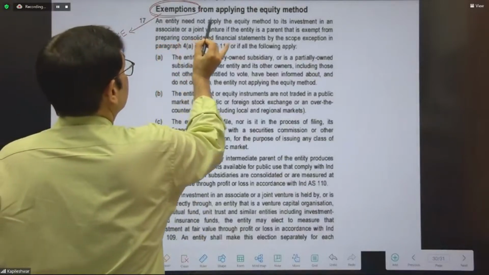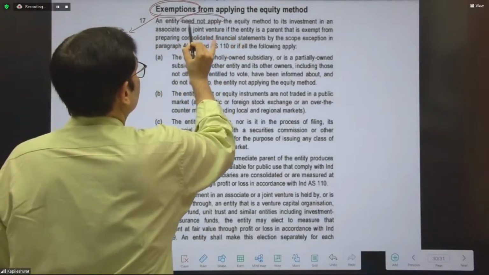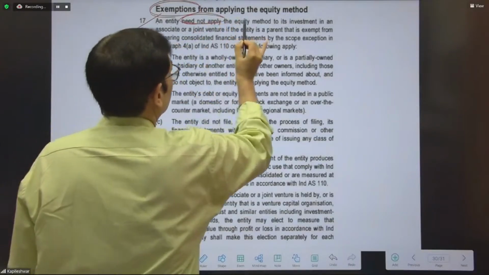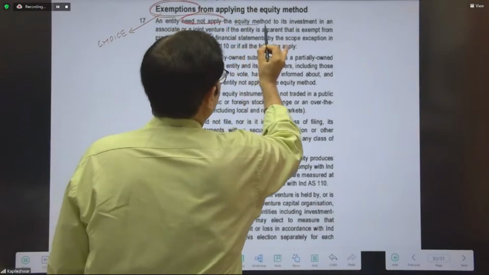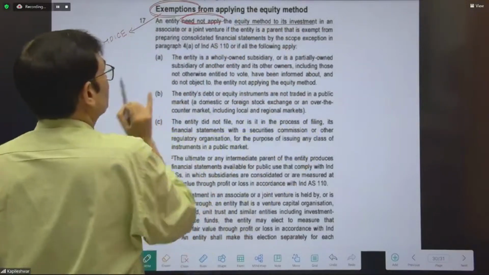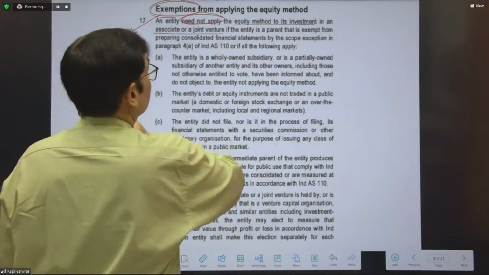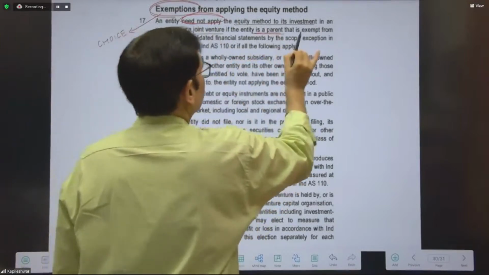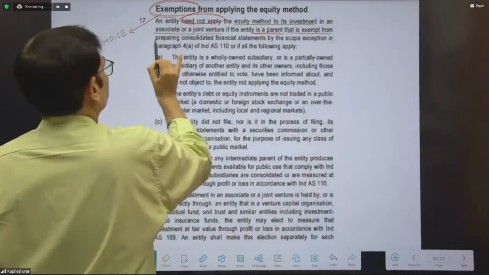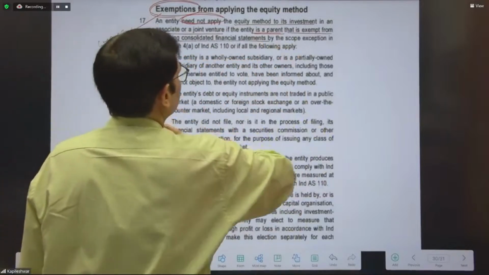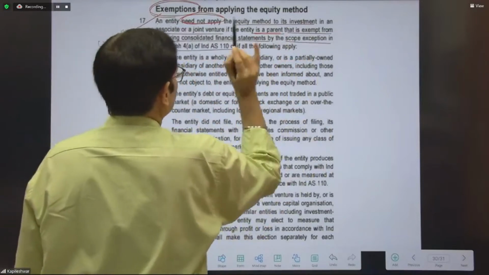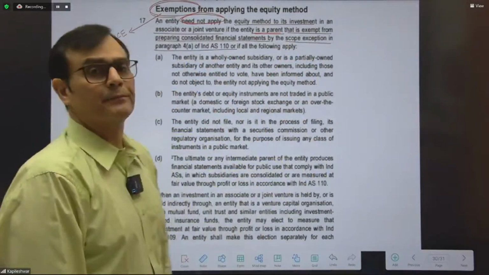An entity need not apply. When I say need not apply, it indicates a case of choice. It need not apply equity method to its investment in an associate or JV if the entity is a parent that is exempt from preparing consolidated financial statements by the scope exception in para 4A of Ind AS 110.